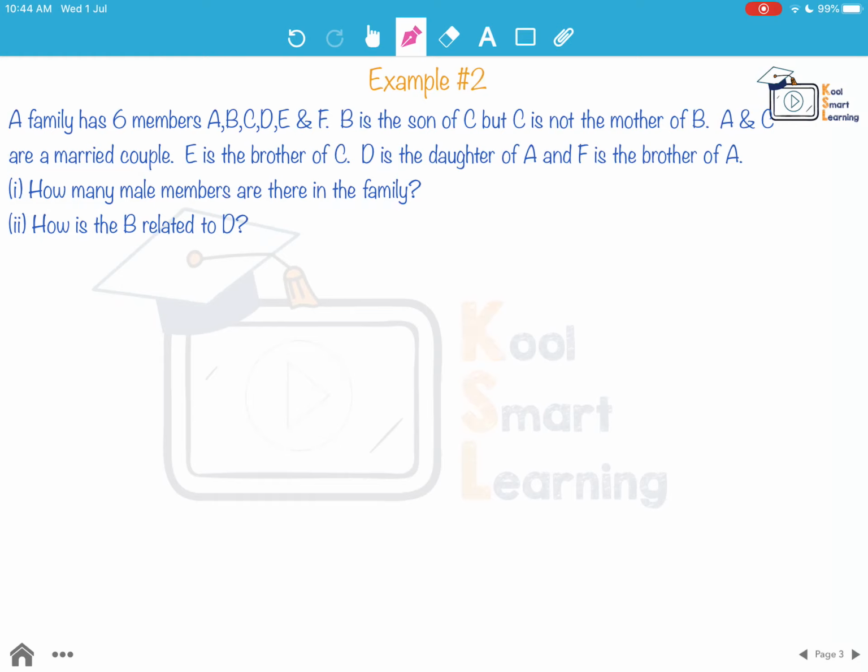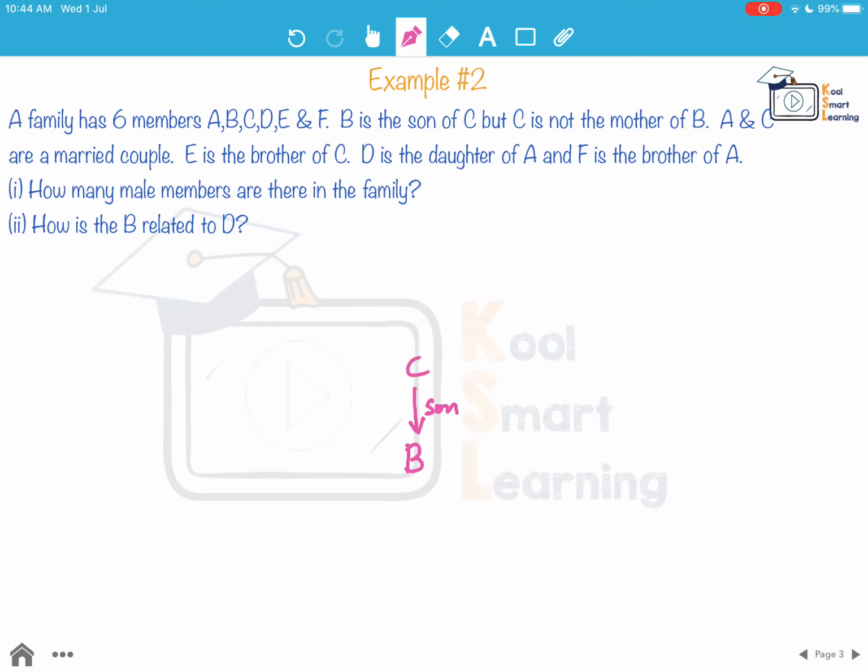Now a family has 6 members, A, B, C, D, E and F. Now B is the son of C, but C is not the mother of B. So let's start directly from here. We are given that B is the son of C, right?